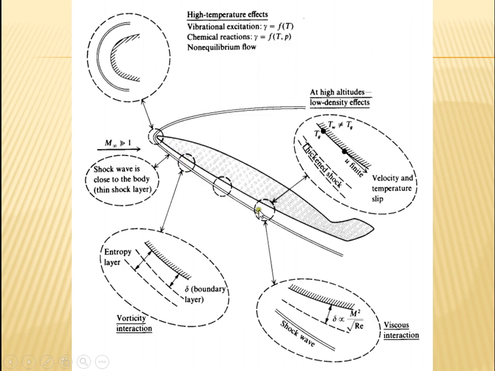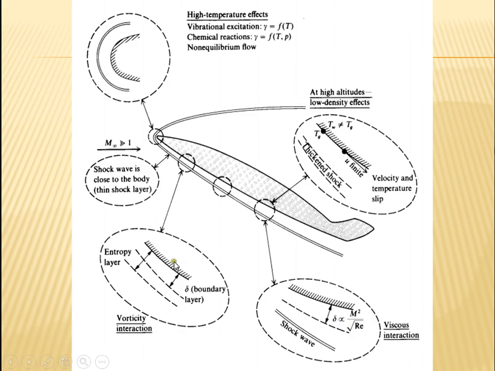Then we have high temperature also available inside it. In this region, very high temperature is generated because of the strength of the shock, which is somewhat treated as a normal shock, and in some other regions high temperature is available because of the thermal or viscous dissipation inside the boundary layer. And then we have the viscous interaction here.